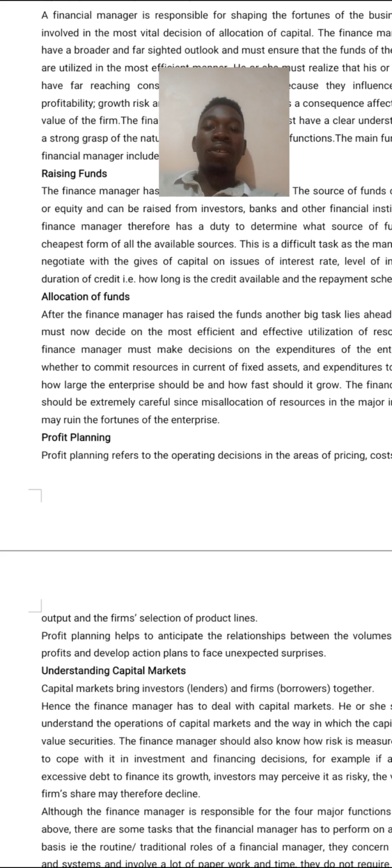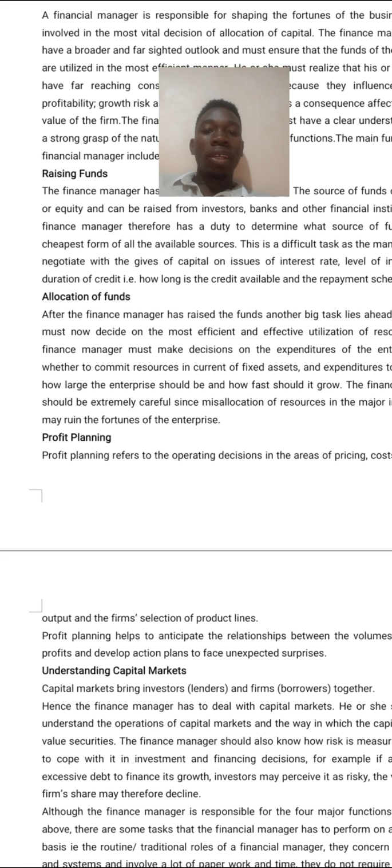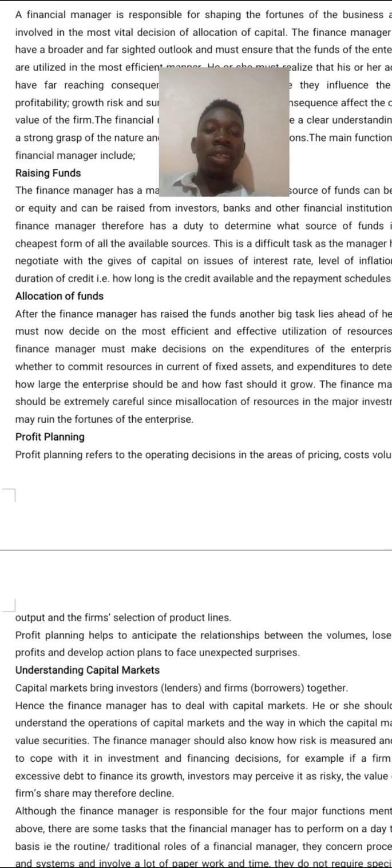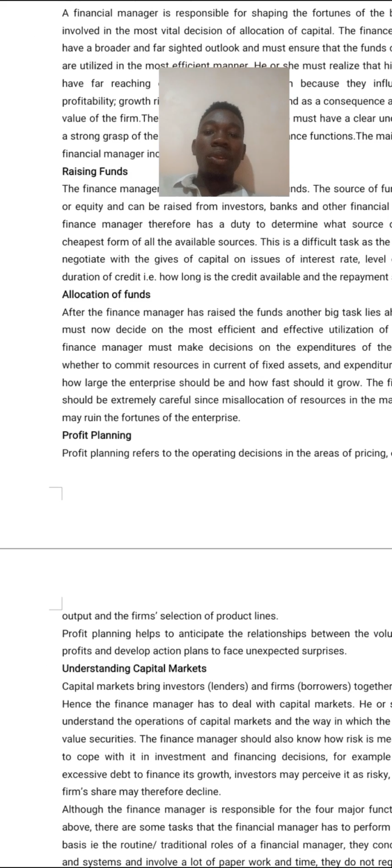Long-term assets on the other hand include furniture and fittings, motor vehicles, land, among others. You get. So you must decide where to commit the firm's resources, and also the expenditures that the business or the firm is likely to incur. You must allocate that money in a significant way to avoid losses to the business.